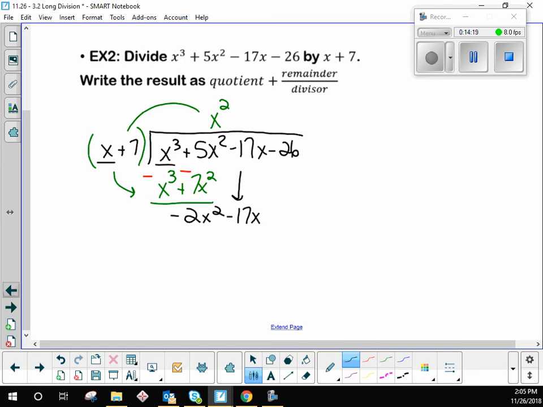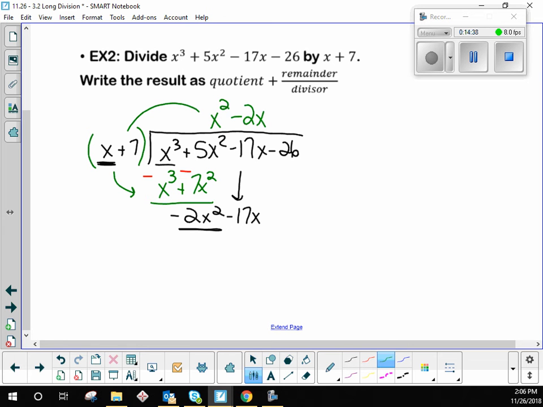So from here, you go back to the leading terms. The first term in the divisor was x. The first term here is negative 2x squared. x times what would give me negative 2x squared? Negative 2x. So that goes here above this x.